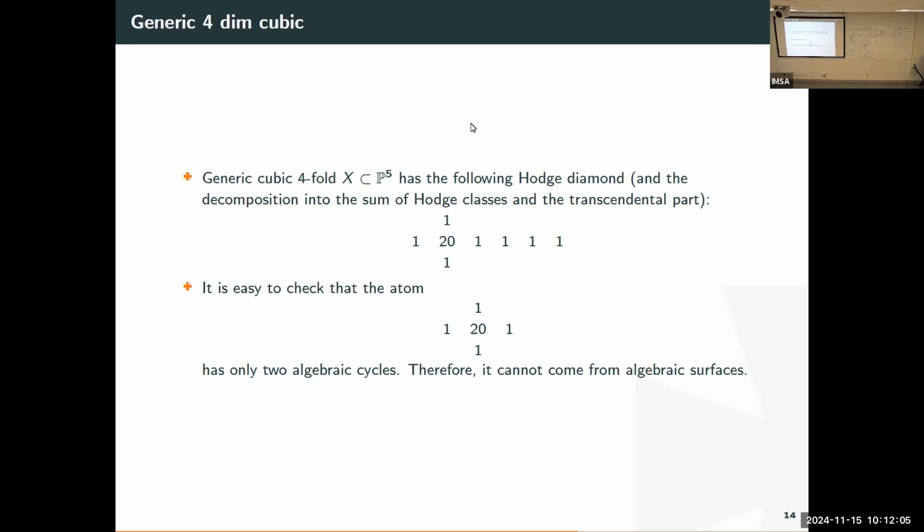But you need to enhance this theory, considering this structure coming from the so-called gamma conjecture in this case. And in this particular case, you do show that a four-dimensional cubic with a plane, generic one, is not rational due to the fact that the intersection form associated with the atom cannot be an intersection form on an algebraic surface.